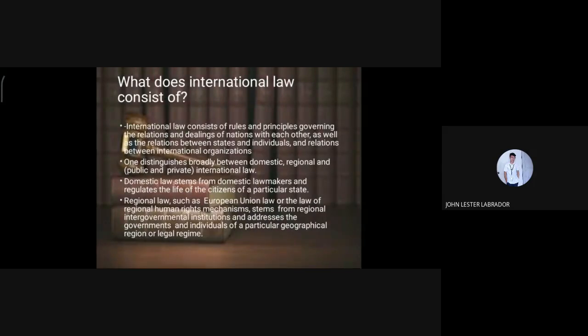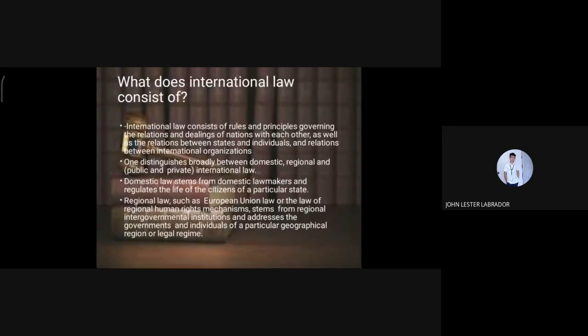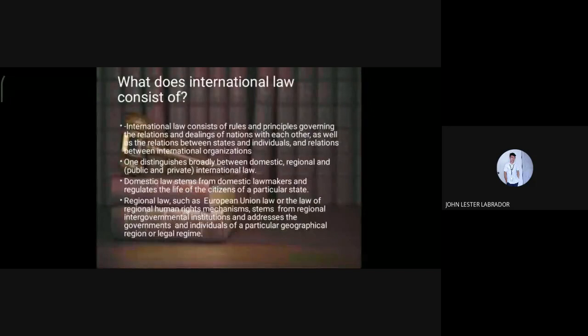Regional law, such as the European Union and the law of regional human rights mechanisms, stems from regional intergovernmental institutions and addresses the governments and individuals of a particular geographical region or legal regime. Regional law is a branch of jurisprudence which seeks to analyze the growing impact of regional bodies such as the European Union.